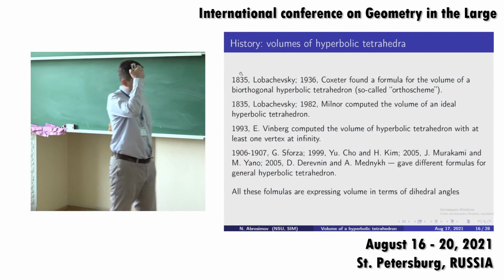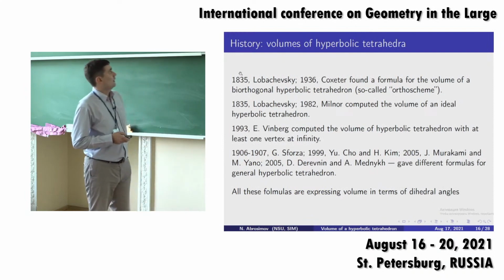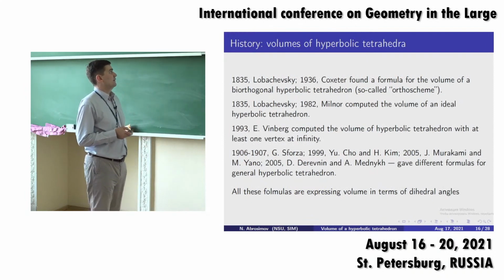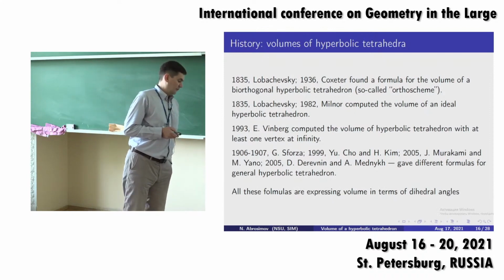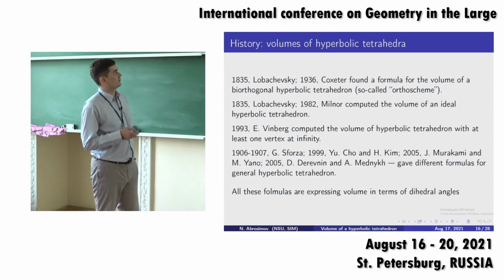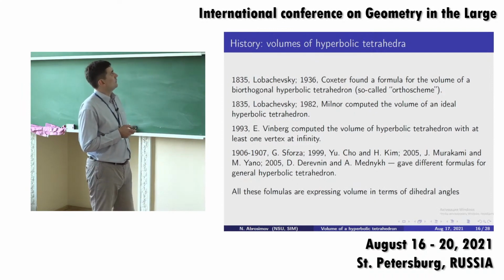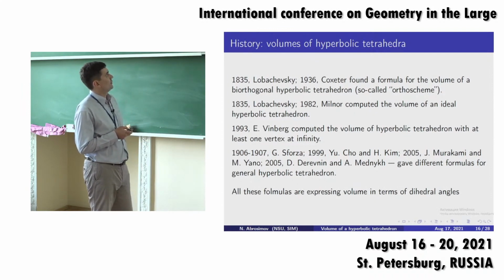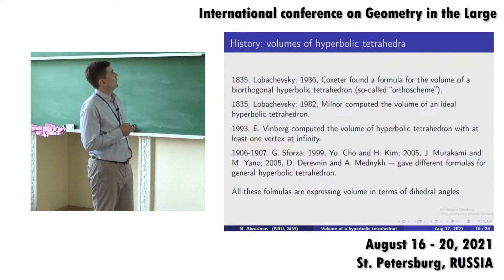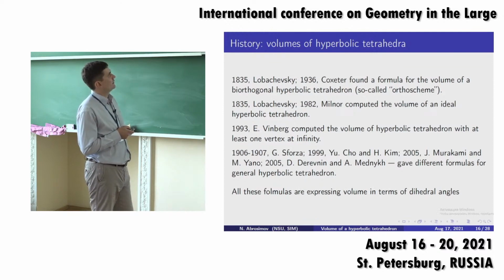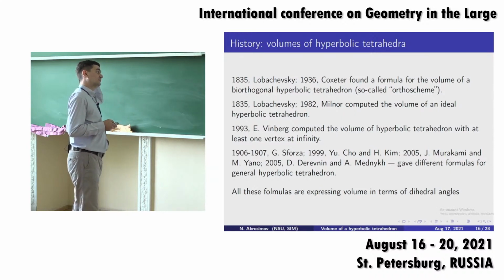Let me briefly remind again the main results related to volume calculations for a hyperbolic tetrahedron. Lobachevsky found the volume of a hyperbolic orthoscheme, and more than 100 years later Coxeter found a simpler version of this result. Also Lobachevsky found the volume of an ideal tetrahedron, and Milnor found a very elegant version of this result.